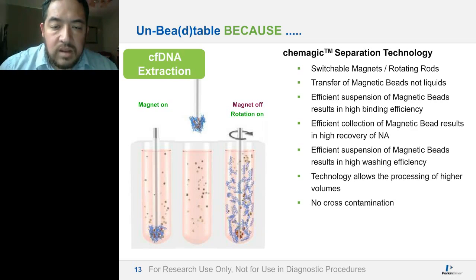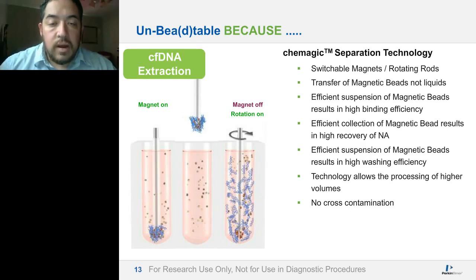So we get a very efficient resuspension of magnetic beads, resulting in a high binding efficiency, as well as very efficient collection of magnetic beads, resulting in a high recovery of nucleic acids. Efficient suspension of magnetic beads results in a high washing efficiency, and the technology allows the processing of higher volumes.